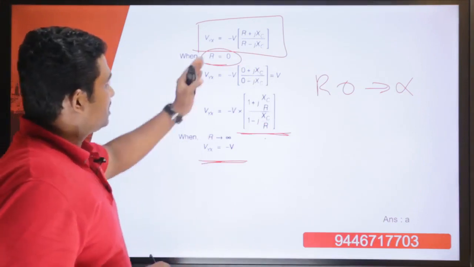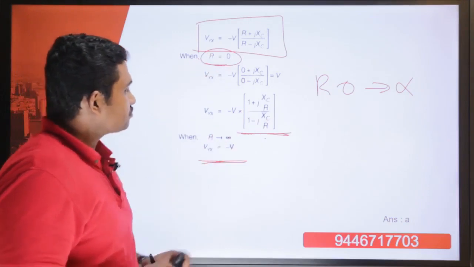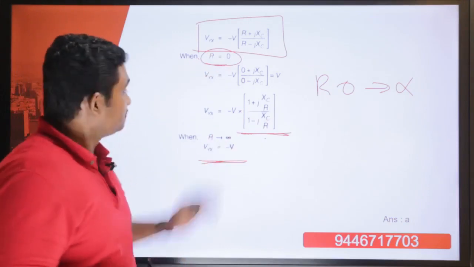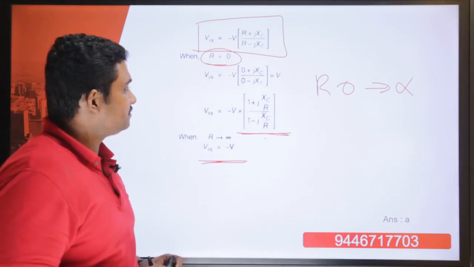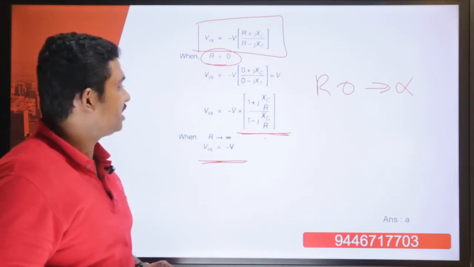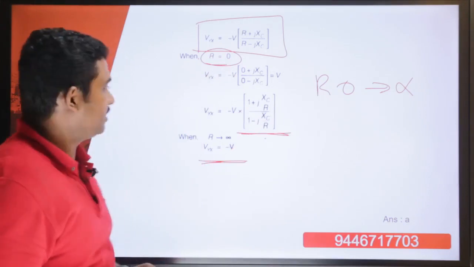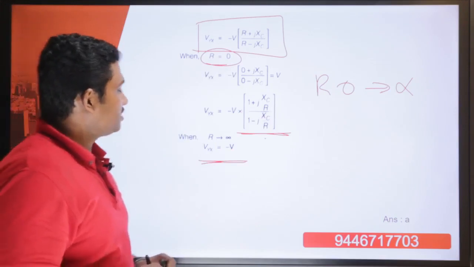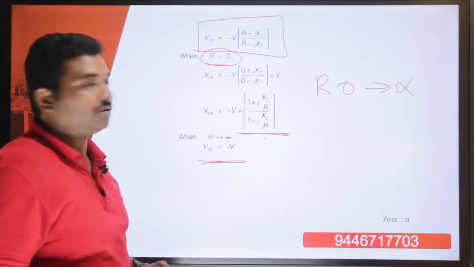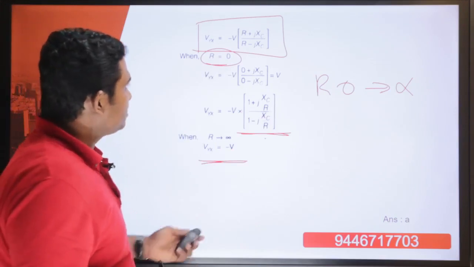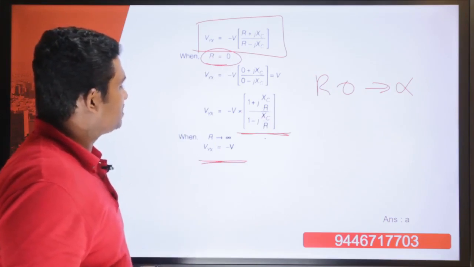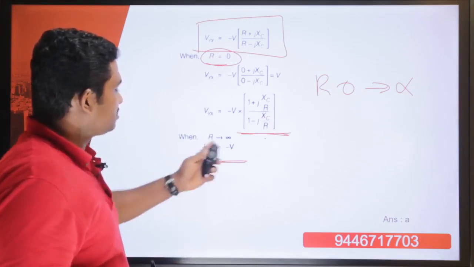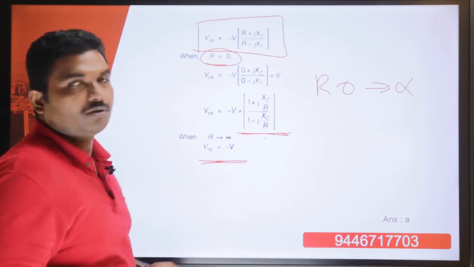Our first value is when R is equal to 0, Vyx is equal to minus V into R plus jXc by R divided by 1 minus jXc divided by R. When R tends to infinity, Vyx becomes equal to minus V. So with this we will have to check which of the following is the answer.